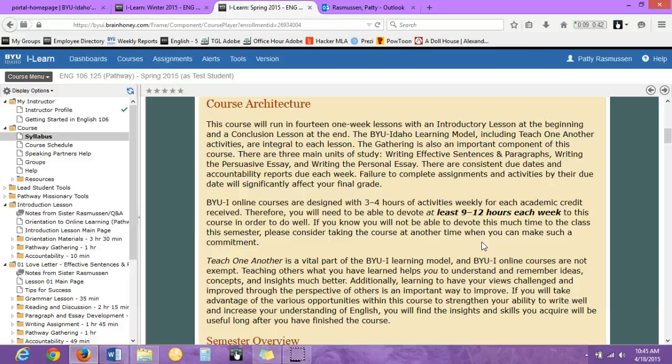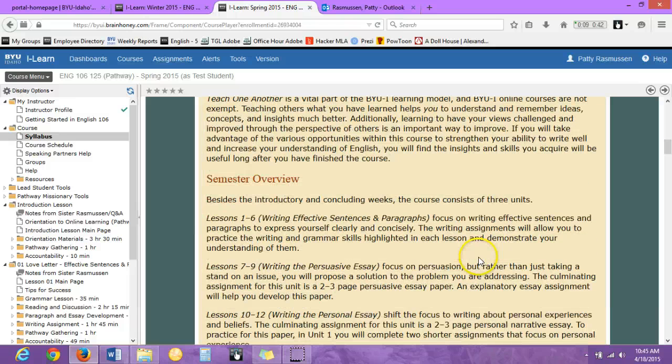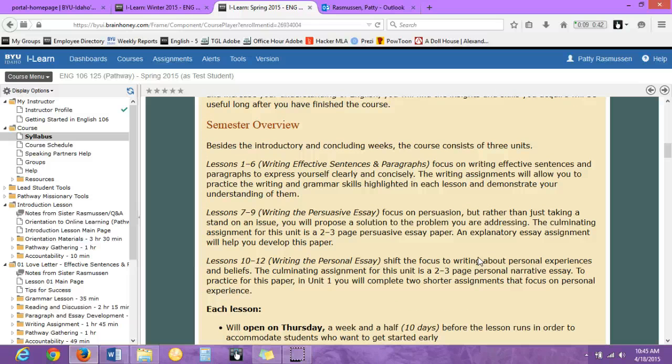A lot of these assignments are not graded by me, but they are reported by you, that you did them on time and that you did them appropriately. So keep that in mind as well, and I will be looking at those reports and checking for accuracy. So you want to make sure that you devote as much time as you can to this course.